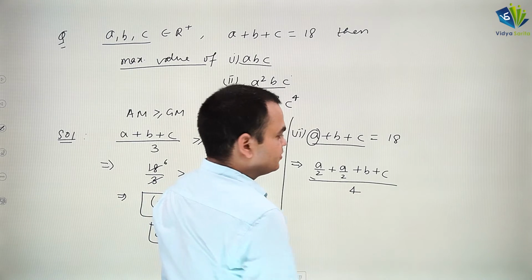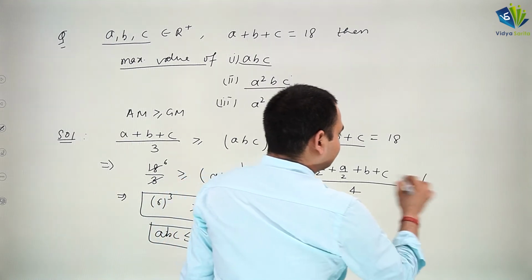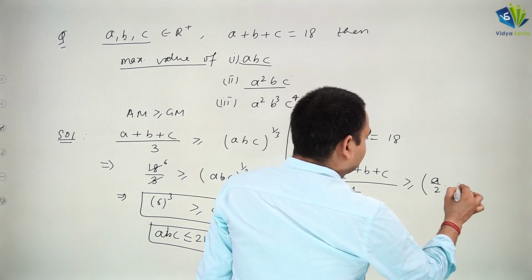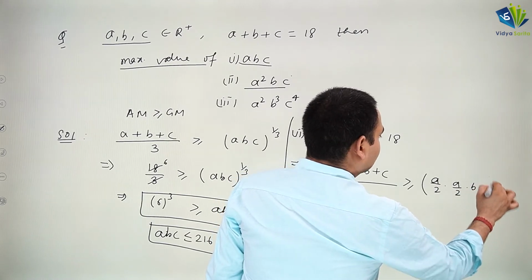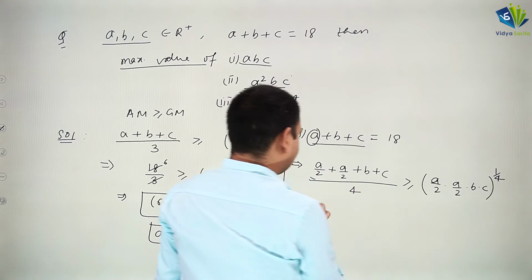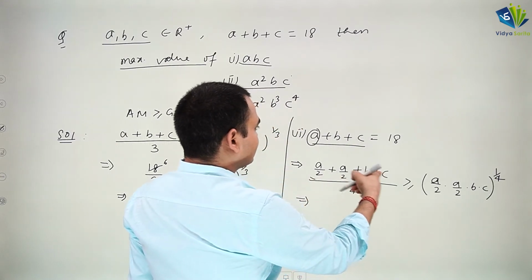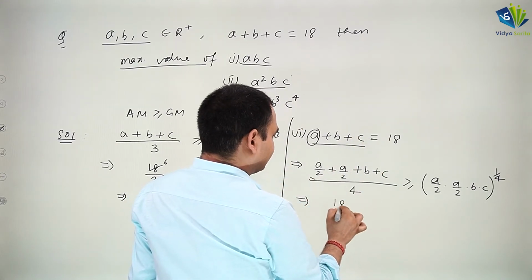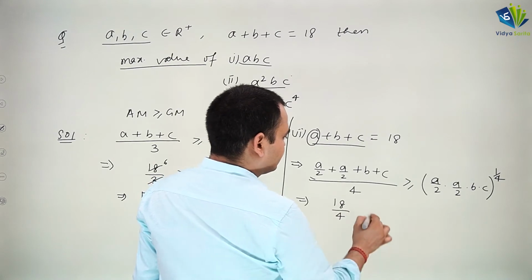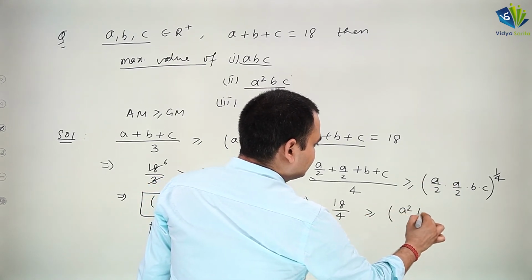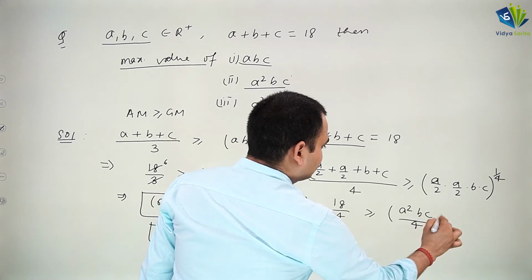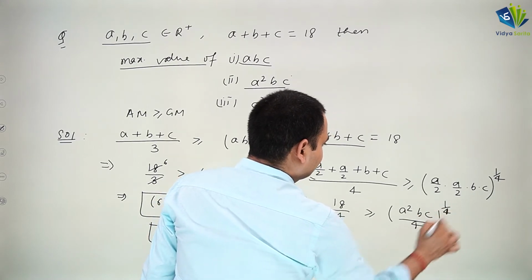That is why divided by 4, and here again (a/2 times a/2 times b times c) to the power 1 by 4. Again a plus b plus c is 18, so it will be 18 by 4 greater than or equal to, here if you see a square bc, and below we are getting 4 to the power 1 by 4.